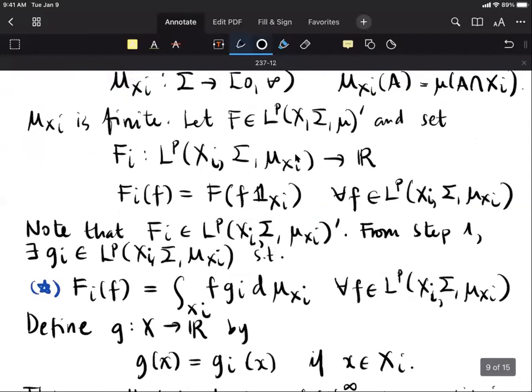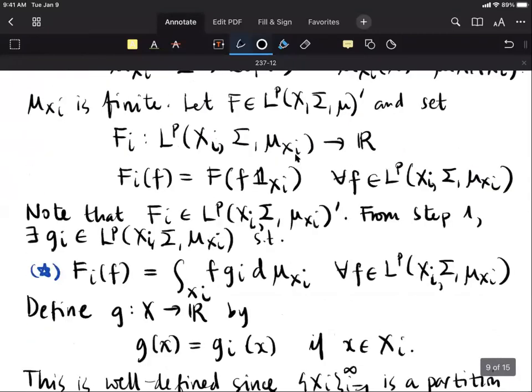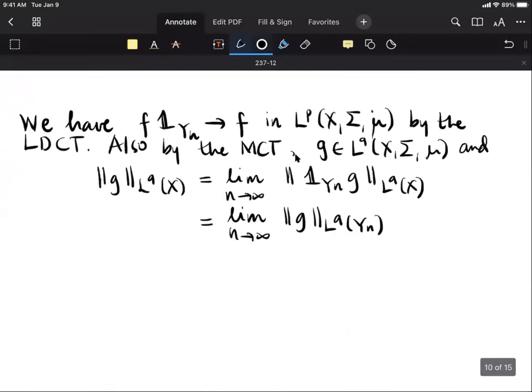But we have that this is also less than or equal to the dual norm of F. You apply the same argument as before, and you end up with this inequality by applying the monotone convergence theorem.